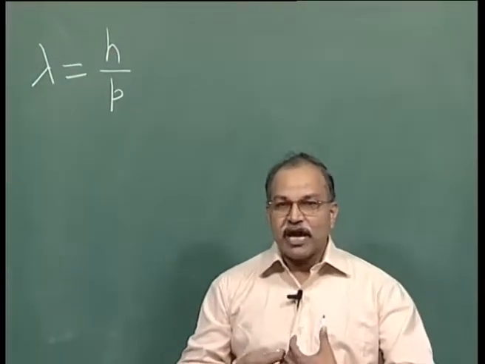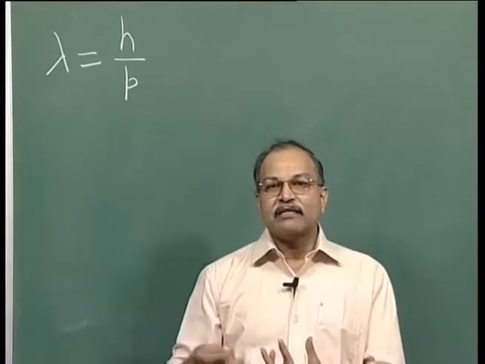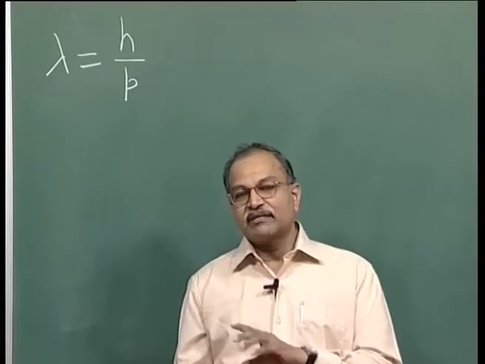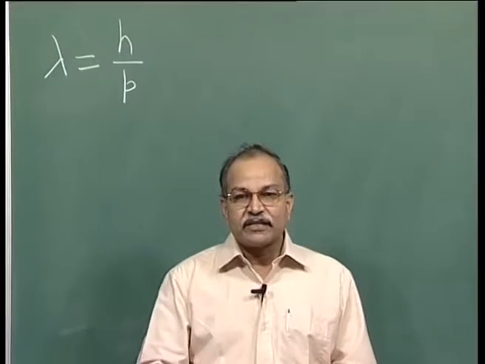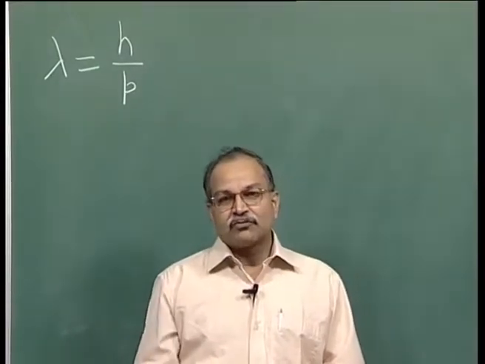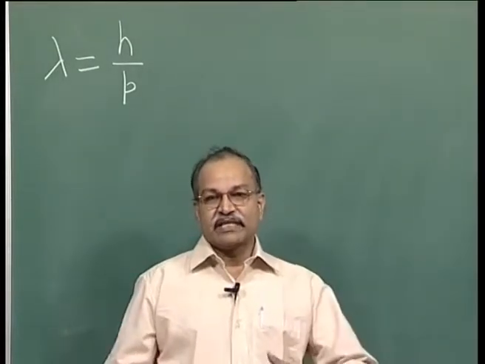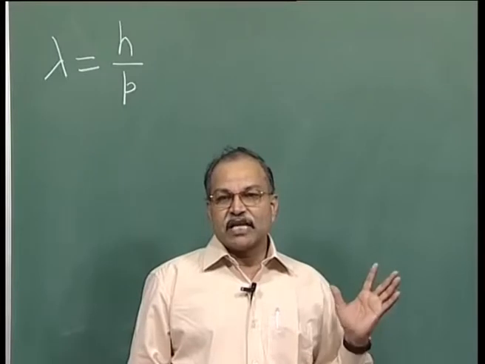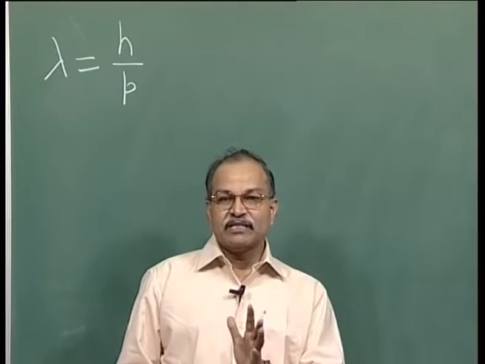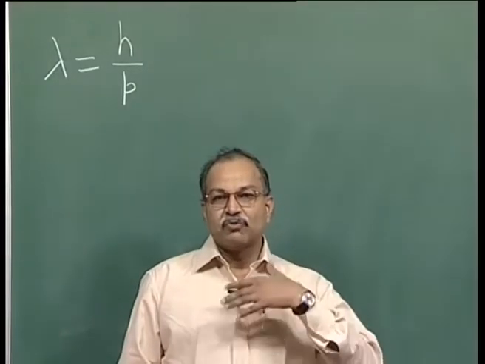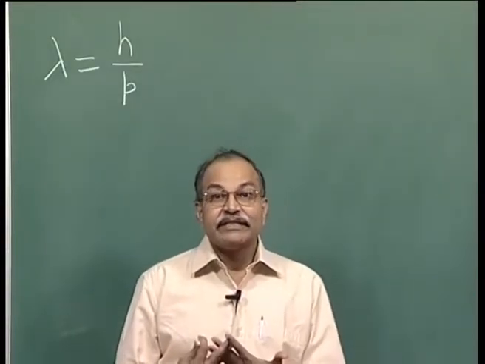So if you have an electron with large momentum, you will expect that the corresponding wavelength will be low, and electrons with large momentum means electrons with large kinetic energy, and that is experimentally possible with accelerators available. Electrons can be accelerated to large energies, and then they will have large momentum, and then they will have small wavelengths. So what kind of energies are needed?